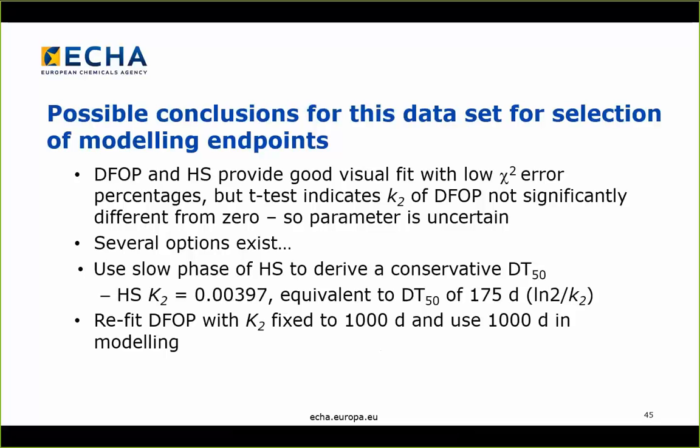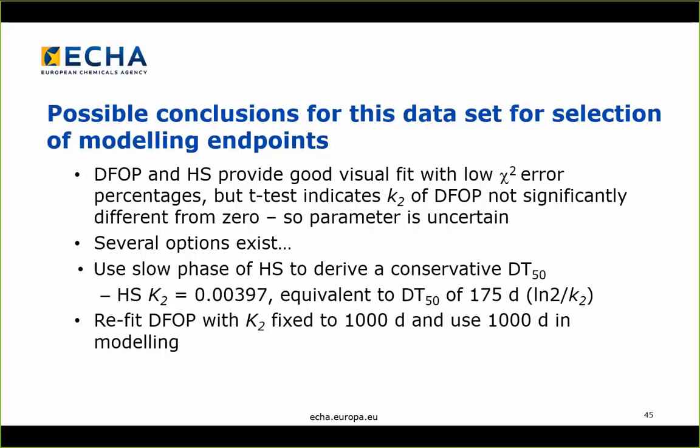Another option would be to refit your DFOP fit with a K2 value fixed to 1,000 days, and that would mean using 1,000 days in your exposure model. Now you might ask yourself, if you were an applicant with an interest in actually getting your substance to pass the Biocides environmental risk assessment, if I had a choice between 175 days or 1,000 days, why would I pick 1,000 days?